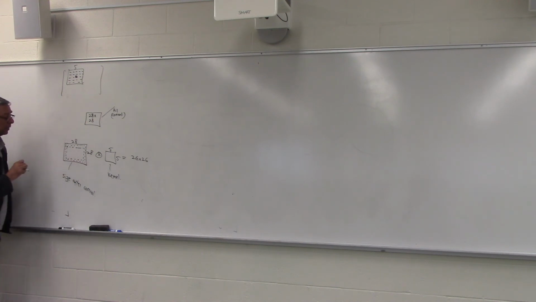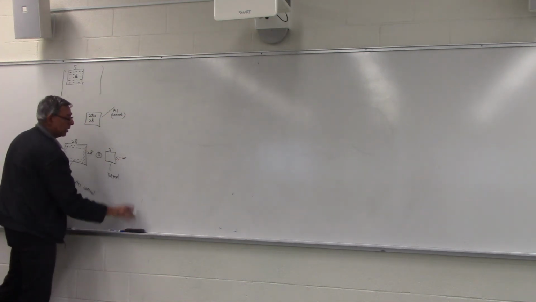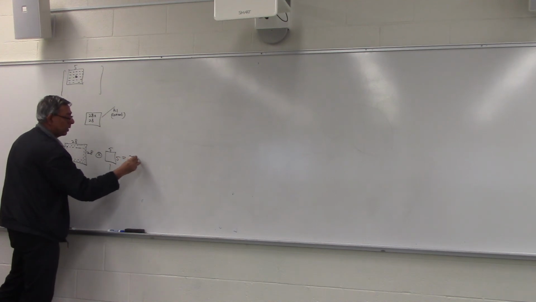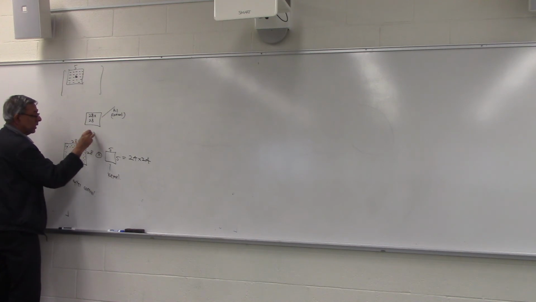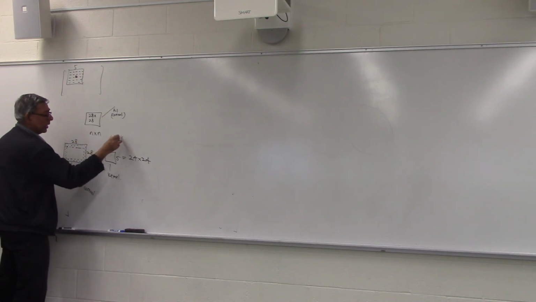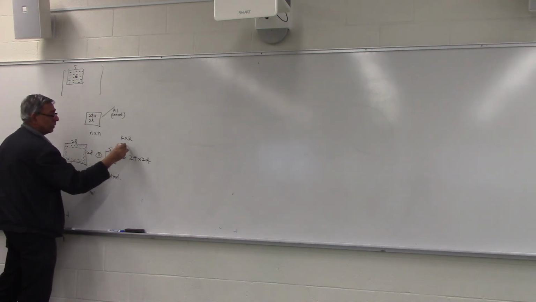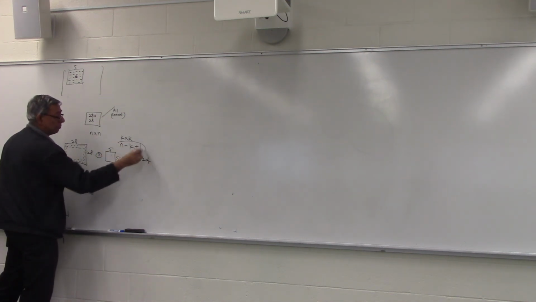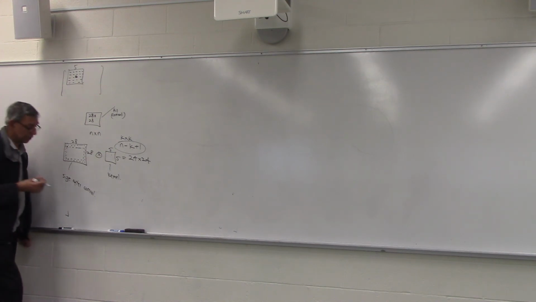Two rows are eliminated, two columns are eliminated, so this will be 24 by 24. In general, if the size is n by n and the kernel is k by k, after the convolution it will be n minus k plus 1. So 28 minus 5 is 23, plus 1, 24 by 24 will be the size of the convolution.